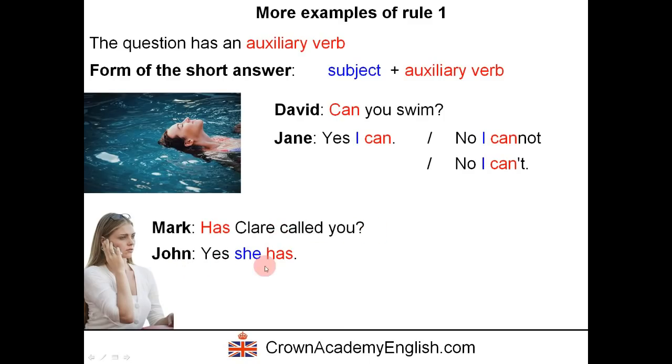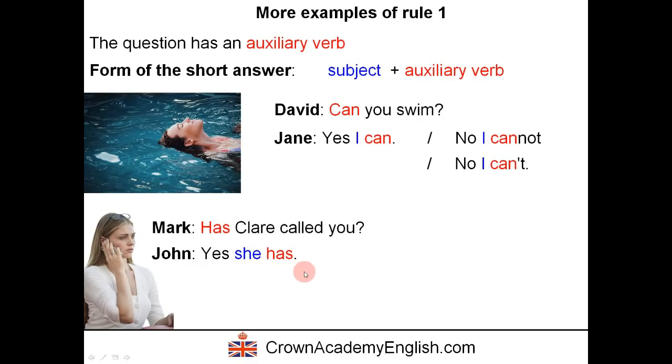And John replies, yes, she has. Yes, followed by the subject, followed by the auxiliary verb in the correct form. She has. And notice again, this is the full form. We do not use the contracted form. We don't say yes, she's. Okay, we only use the full form.